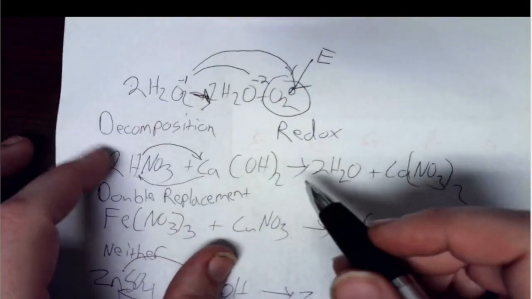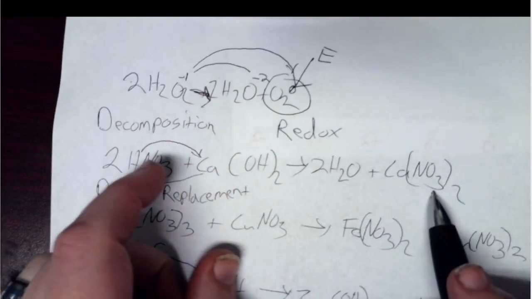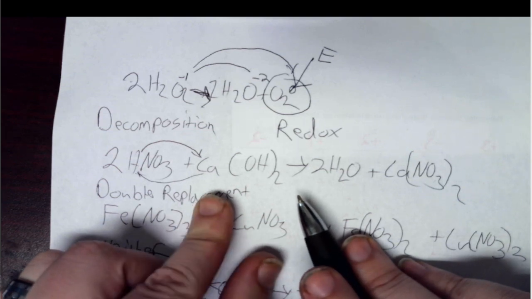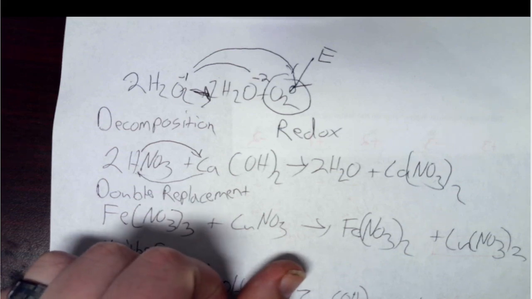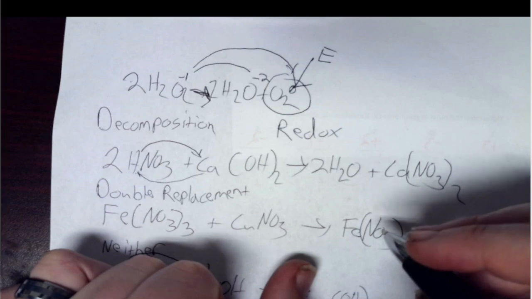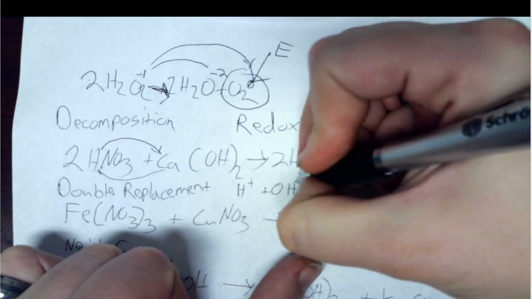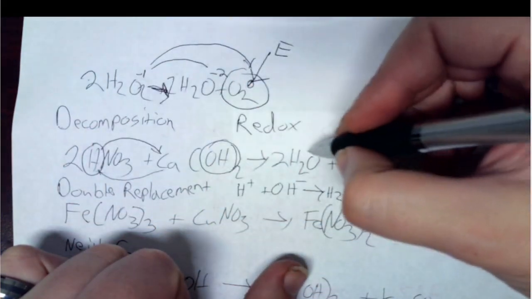So moving on to the second one. I do not see a pure element. Compound, compound, compound, compound. So if there's not a pure element, I move on to checking for acid and base. Why check for acid and base next? Because I can do that by looking at the chemical formula without going to the chart. For acid base, I'm looking for an H plus and an OH minus going to water.